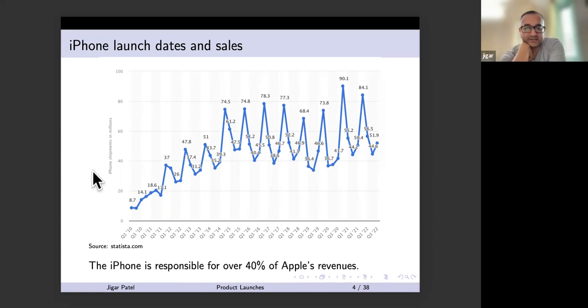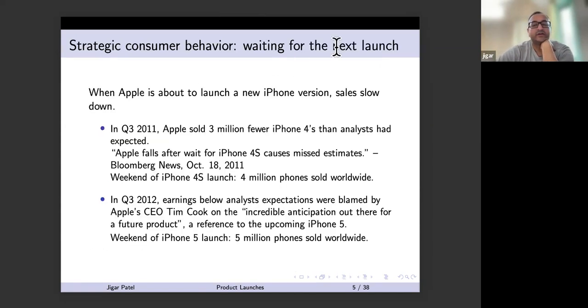Why are there these peaks and valleys? The reason is that consumers are strategic. What do I mean by strategic? Consumers always wait for the next launch. Given that there is a lot of information in the market, people anticipate that a newer version is about to come, and therefore they hold off on the purchase to get the newer version of the product they would like to buy.